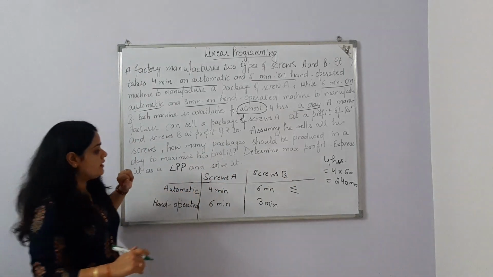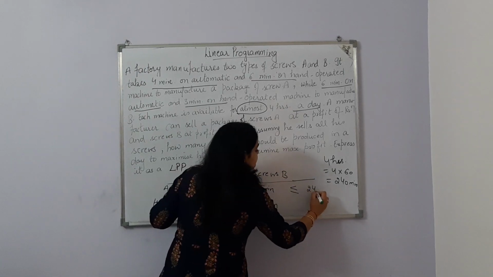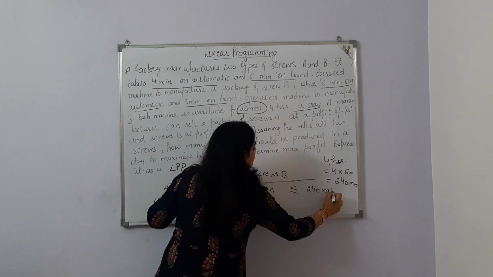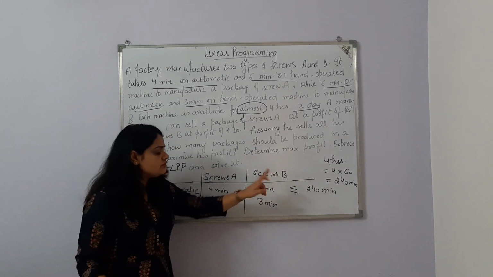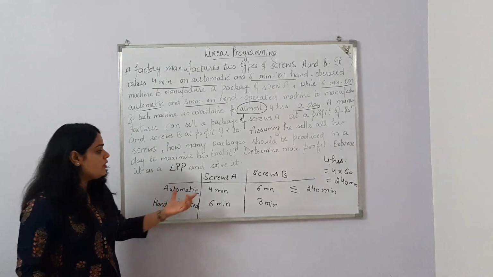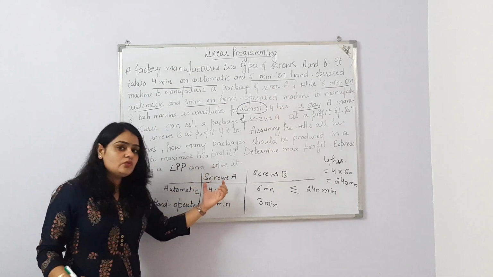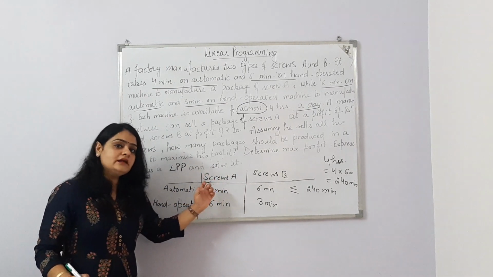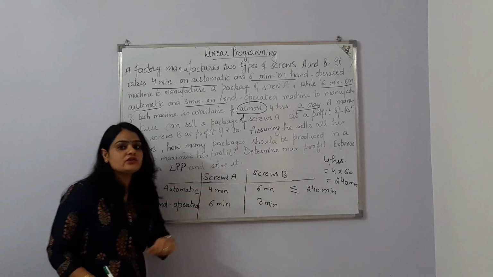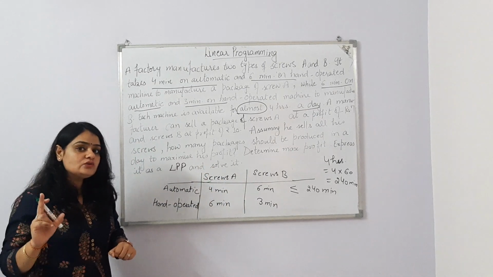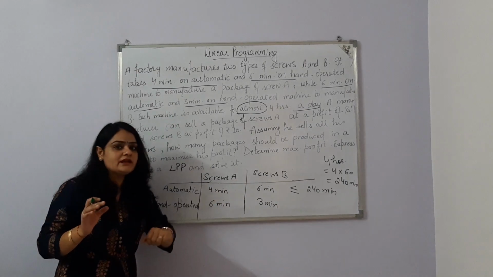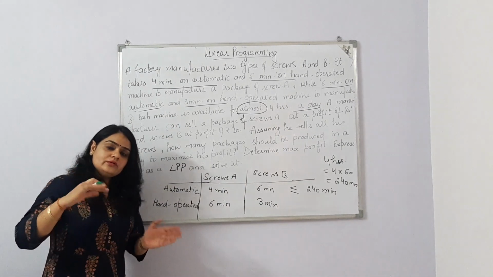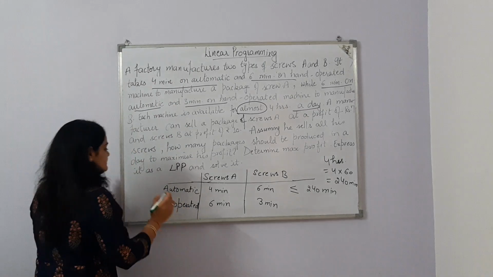It is saying we have 4 minutes for screw A and 6 minutes for screw B. Here we don't know the quantity of screw A's and screw B's, so we need to take one variable for screw A and one variable for screw B to specify the quantities.